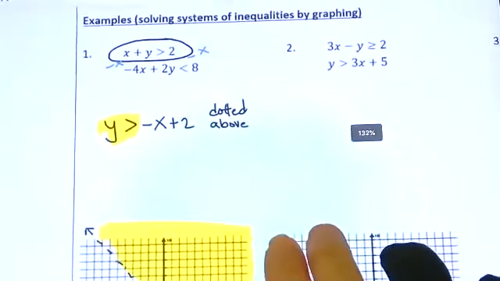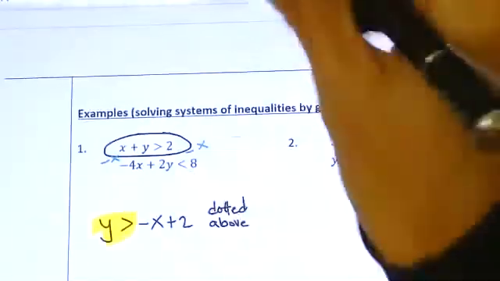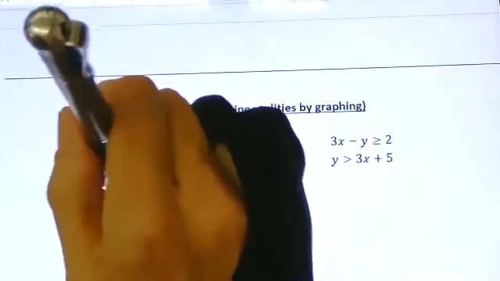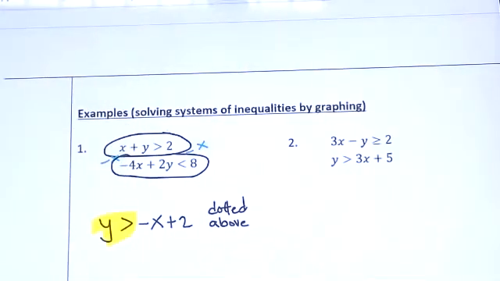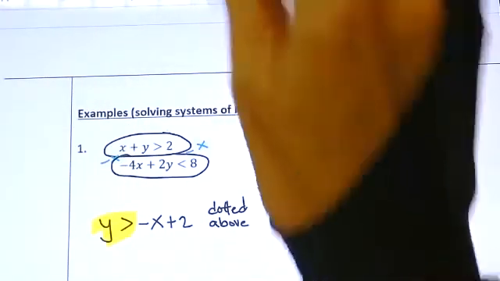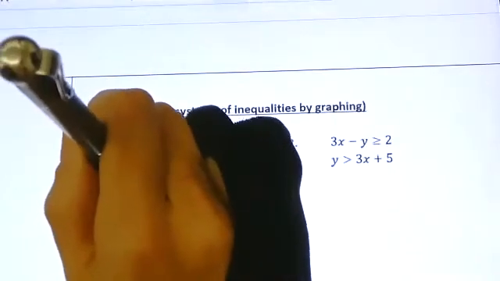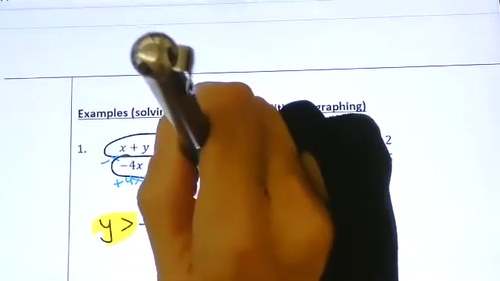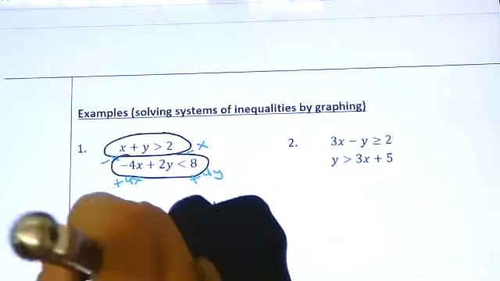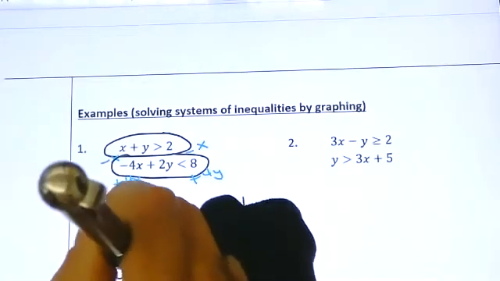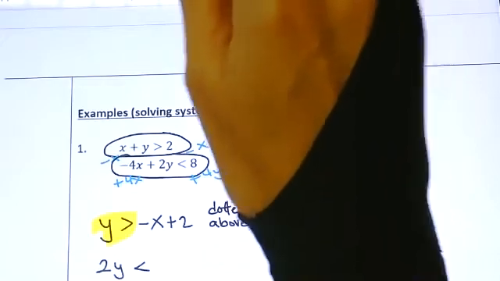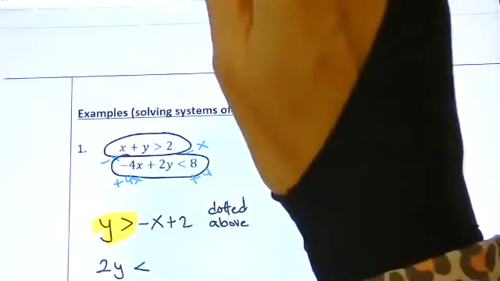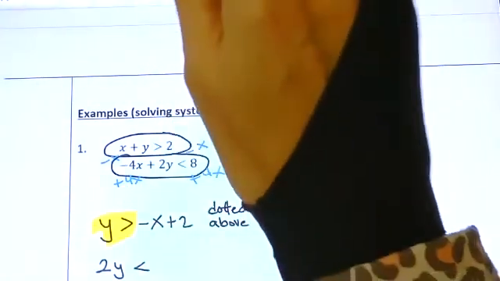Okay. My second one right here also needs to be rewritten. Here, though, I'm going to have to add 4x to both sides. So if I do that, I get 2y is less than, oops, I wrote y here instead of x. I'm adding 4x. There we go.